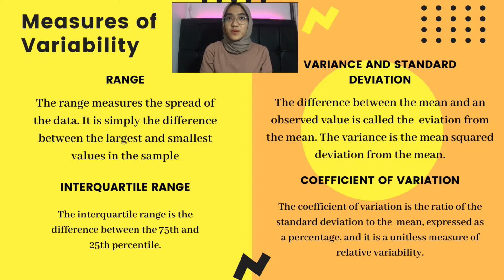The difference between the mean and an observed value is called the deviation from the mean. The variance is the mean squared deviation from the mean. Coefficient of variation. The coefficient of variation is the ratio of the standard deviation to the mean, expressed as a percentage, and it is a unitless measure of relative variability.